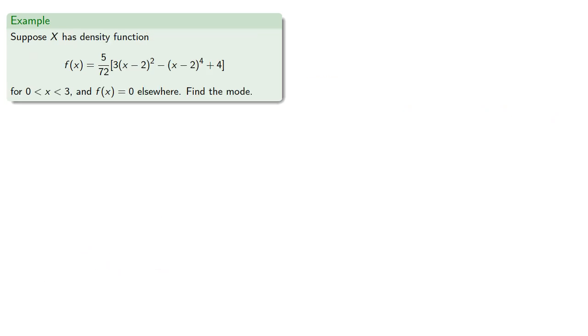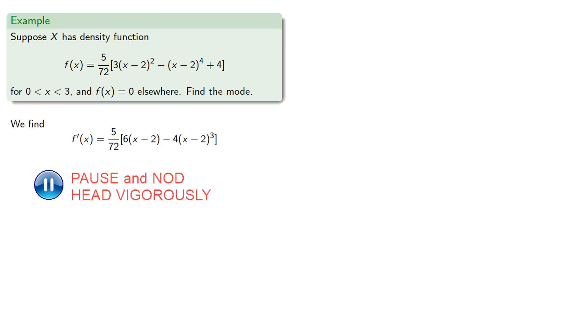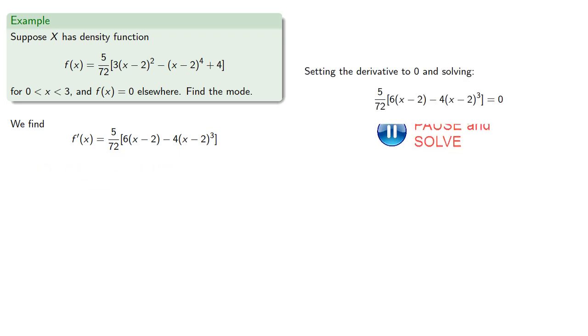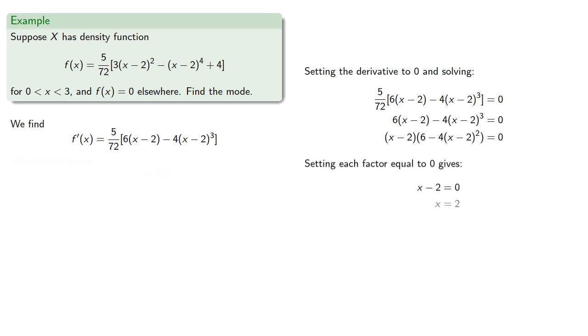We could have another function. So again, we'll differentiate. We'll set the derivative equal to 0 and solve. And since this is a product, we can set each factor equal to 0. So that first factor equal to 0 gives us a critical value.